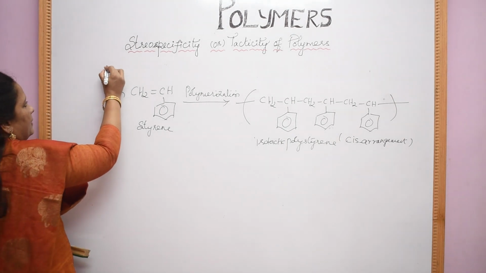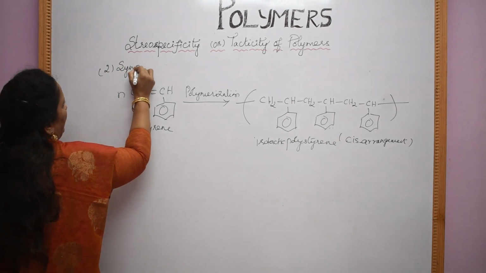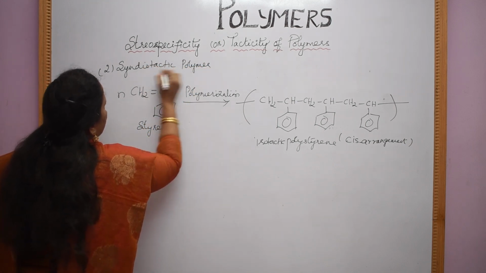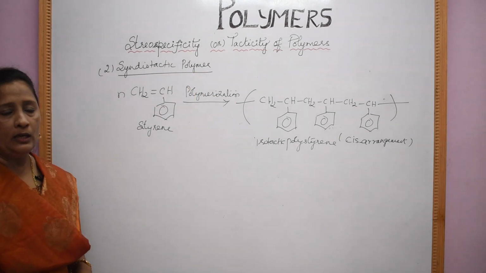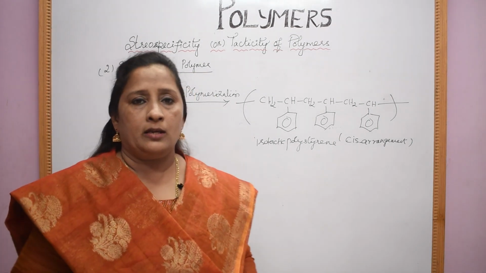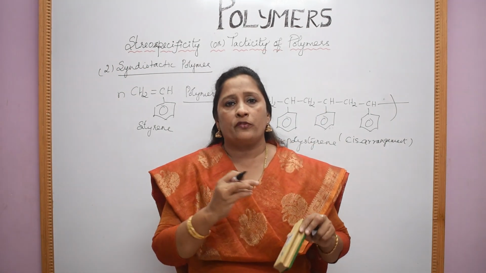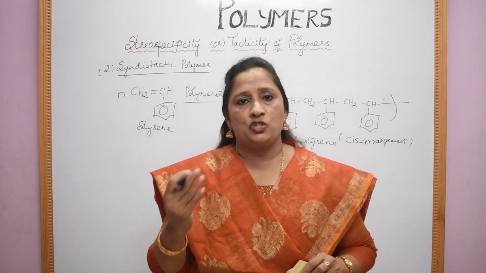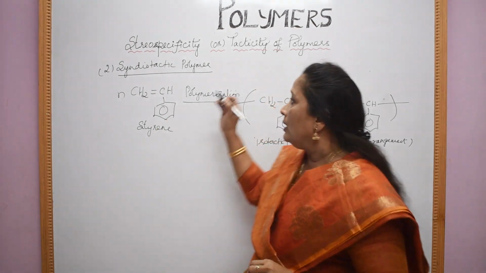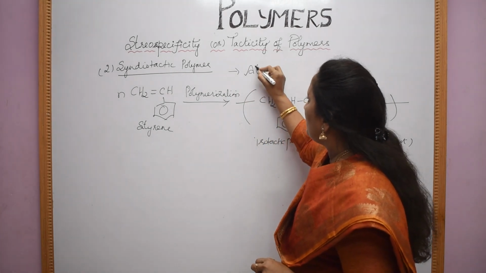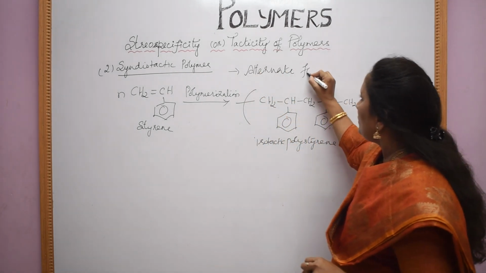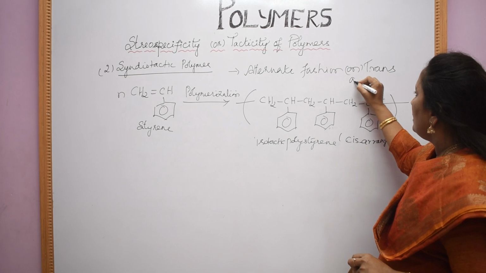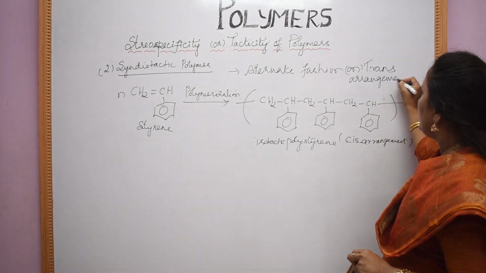Now, the second type of polymer is syndiotactic polymer. So, what is meant by syndiotactic polymer? If the functional groups of the monomeric unit lie in an alternating fashion, or they are lying in the trans arrangement, we get syndiotactic polymer.